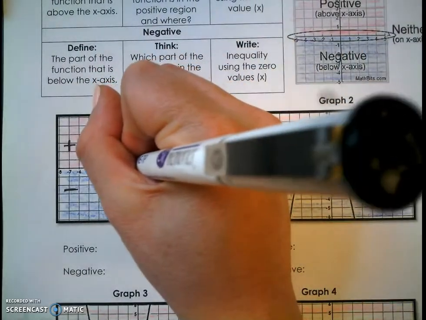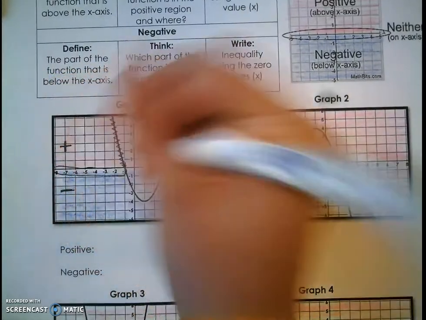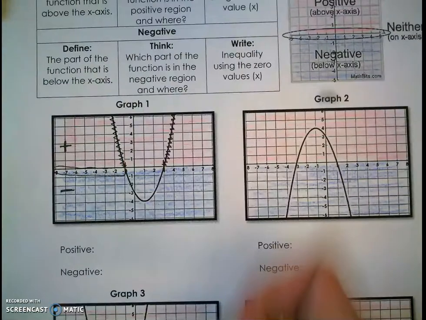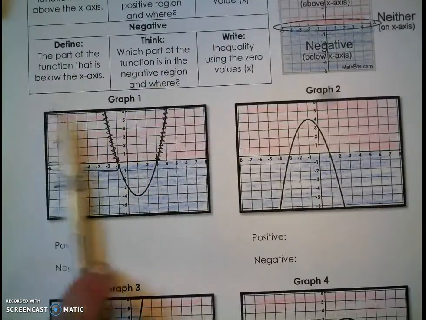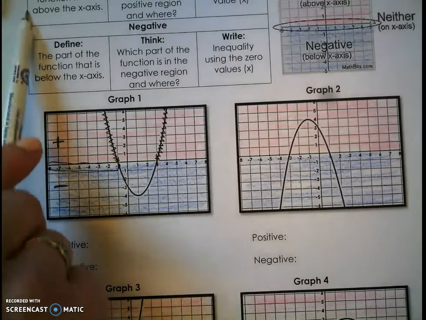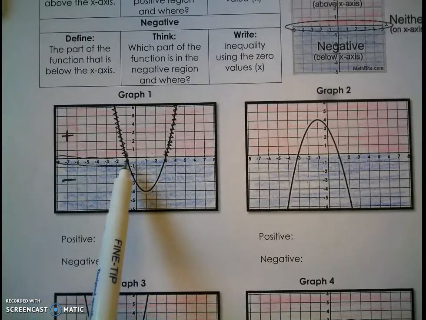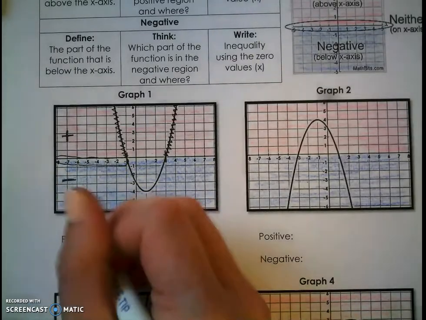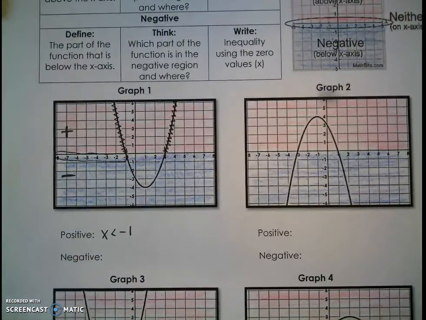All these x values over here where it's positive, because it's positive on the left of this, so everything to the left of this is positive. It's all up here, and it would keep going up forever. All these values are smaller than that -1. So I'm going to have x is less than -1.